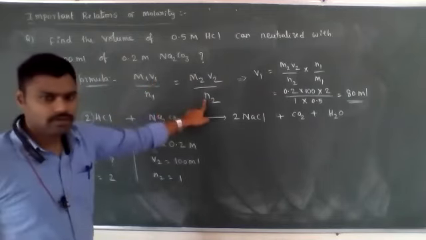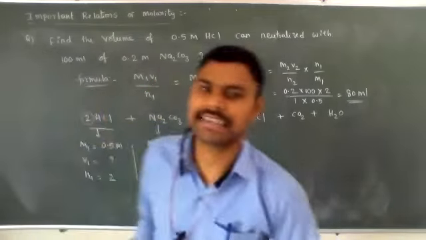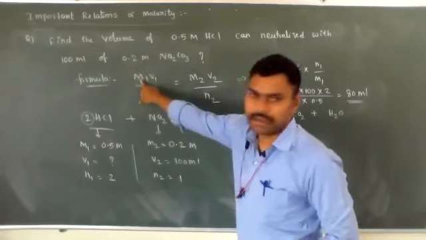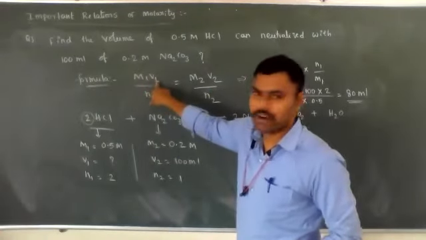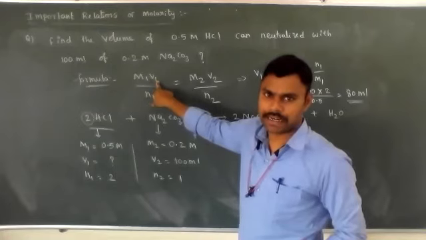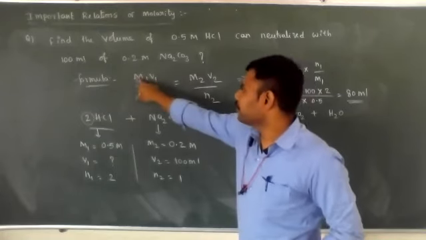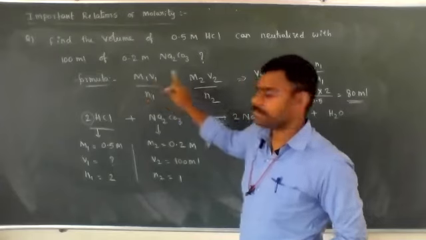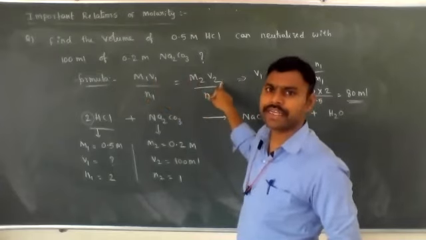And N1 and N2 we get from the stoichiometric balanced equation. So if they give N1, V1 they won't give, V1 we need to calculate. Otherwise M2, V2, M1 they will give, V1 we need to find out.